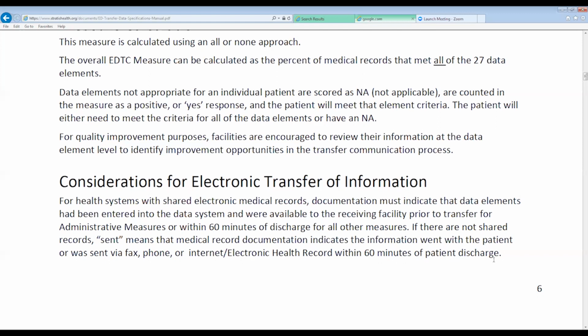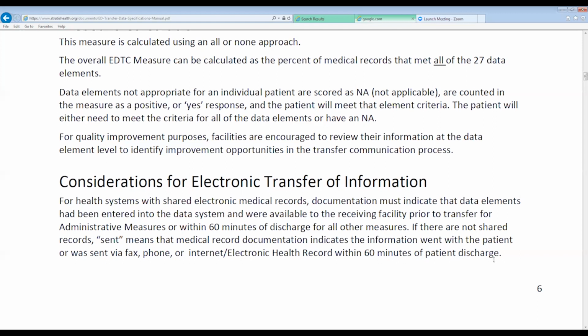I've seen transfer documentation sent. Well, unless there's a sheet in your ED record that says this is the transfer record and everything on it was sent, I don't know what was sent, okay? We need to know that the data elements that we're looking for were sent.